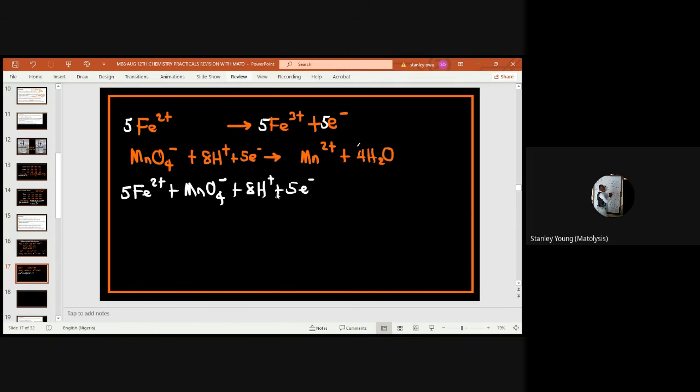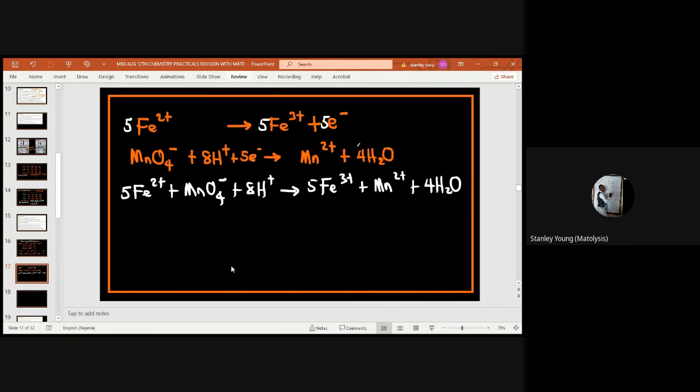The 5 electrons are eventually going to cancel out, so don't let us bother. So giving us 5 Fe3+, Mn2+, then plus 4H2O.